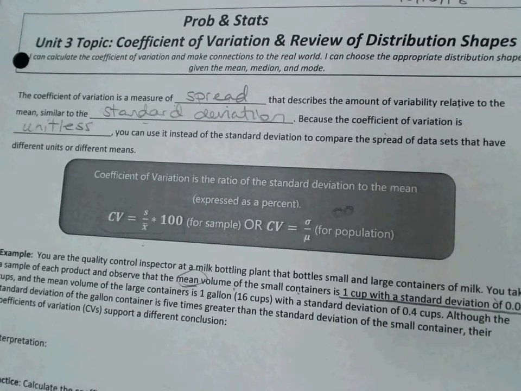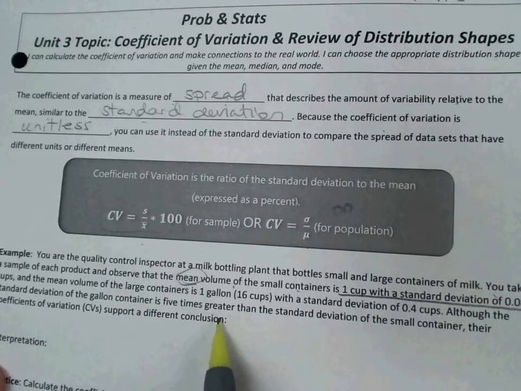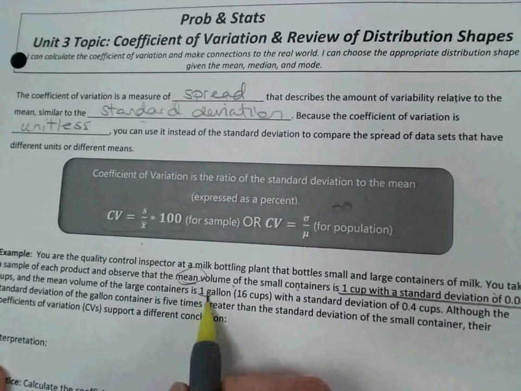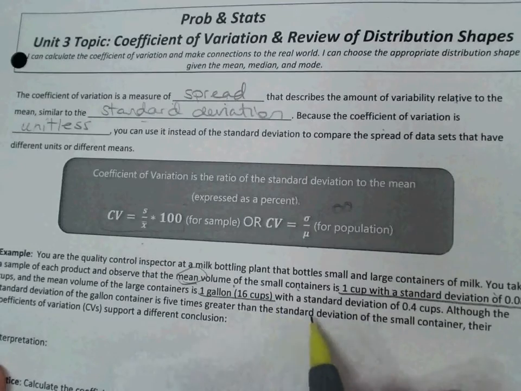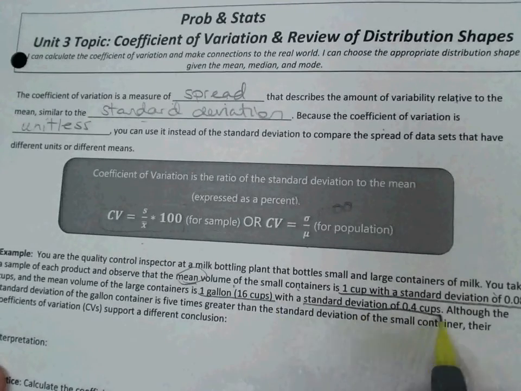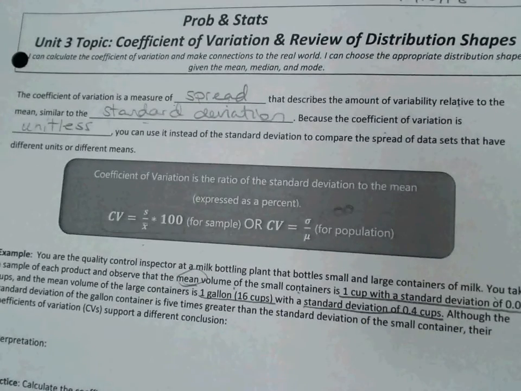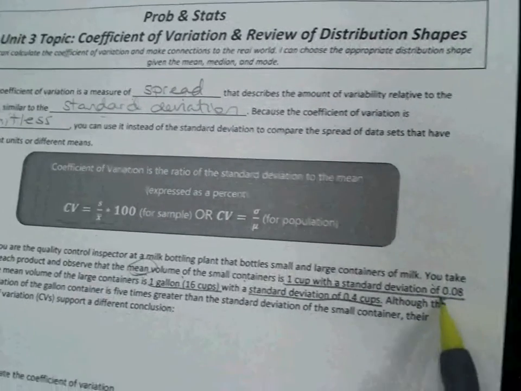The larger container has 1 gallon or 16 cups for the mean and standard deviation 0.4 cups. So we see here there's a 5 times greater standard deviation for the larger container than the smaller container. If you multiply this by 5, you get 0.4.